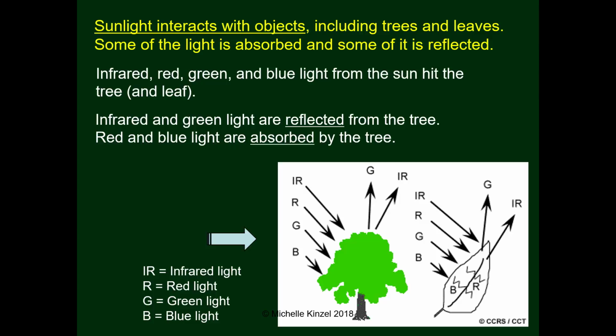So this is why vegetation such as trees, leaves, grass appears green to our eyes, because the green portion is being reflected. We don't see in infrared, some animals do, but humans do not see or detect infrared. But you can see here by the various arrows the different parts of the spectrum that are being absorbed and reflected.